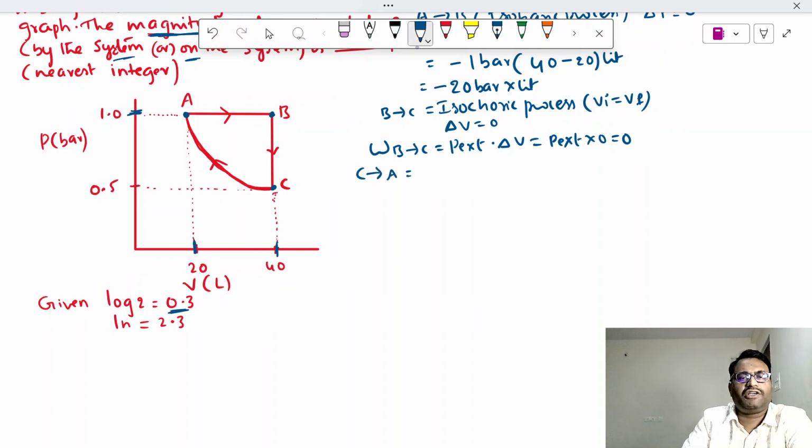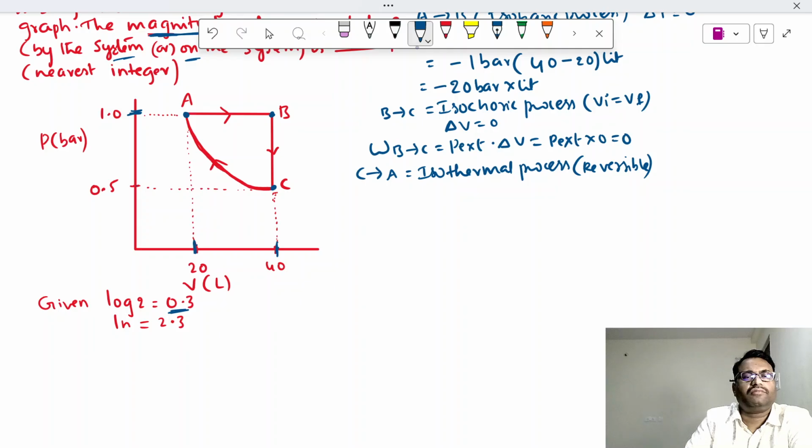C to A is an isothermal process, which is reversible, and C to A is compression, not expansion.